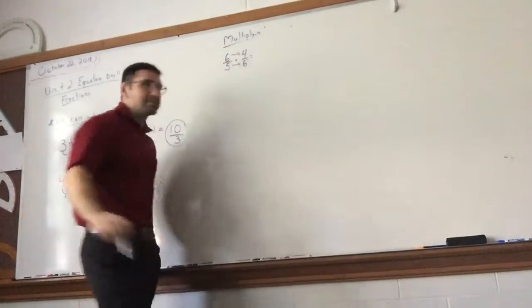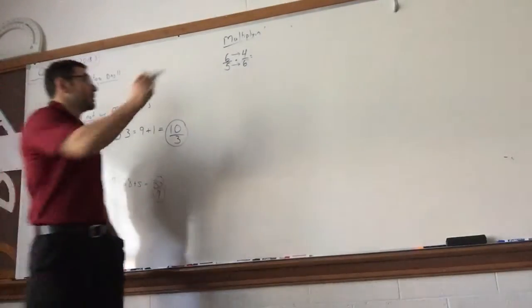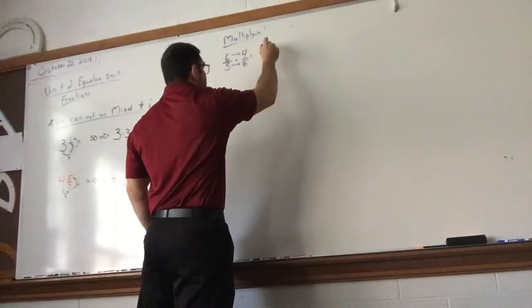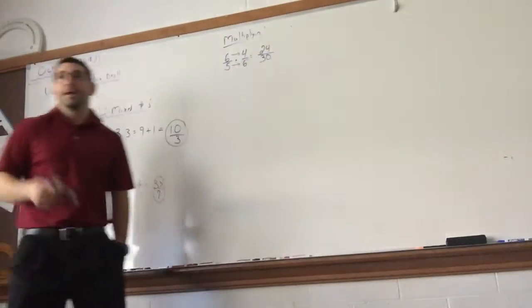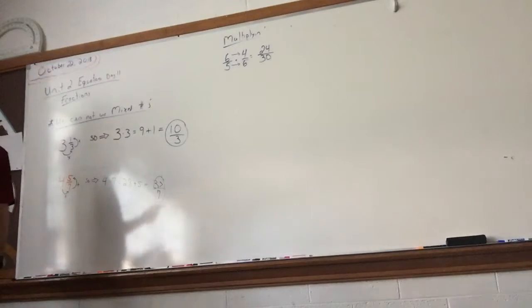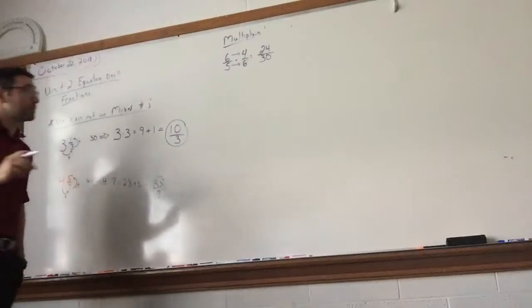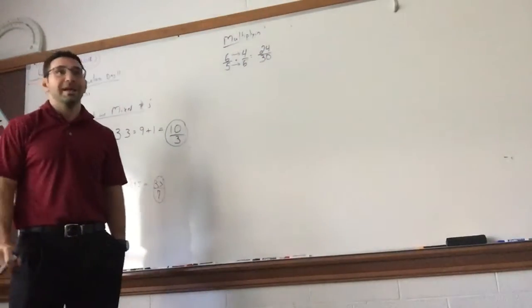The numerator times the numerator, the denominator times the denominator. 6 times 4 is 24. 5 times 6 is 30. Am I done? No. Why not? Because we've done this several times now. What do I have to do? Simplify. What goes into both 24 and 30?